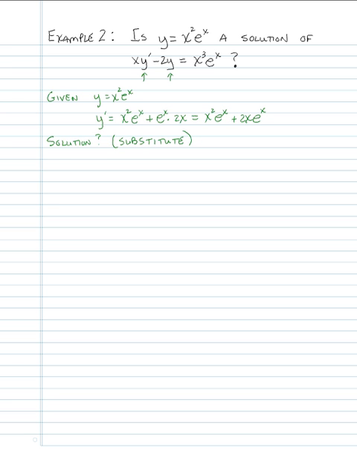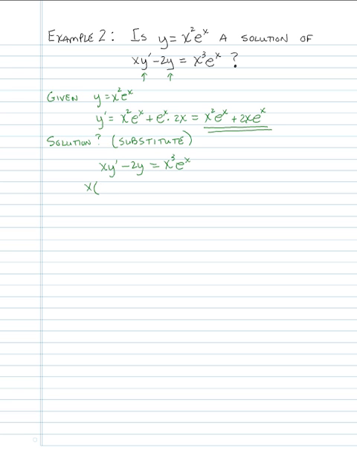The original differential equation: our differential equation is xy prime minus 2y equals x cubed e to the x. Now we have a replacement for y prime that we just calculated above. So we have x times our replacement for y prime, and there is y prime right there.